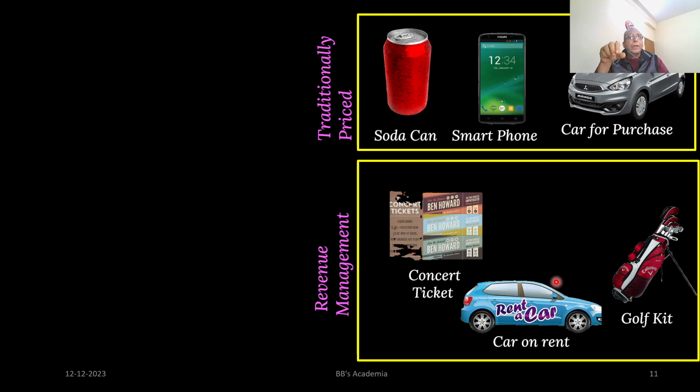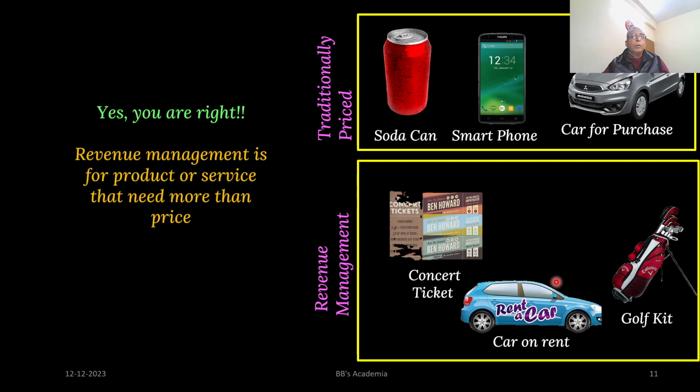So these are the two categories we are getting. One is the traditionally priced category, another is the category where revenue management can be applied. You were right. Revenue management is for the product or service that you need more than the price. In those cases only you can apply this philosophy of revenue management.